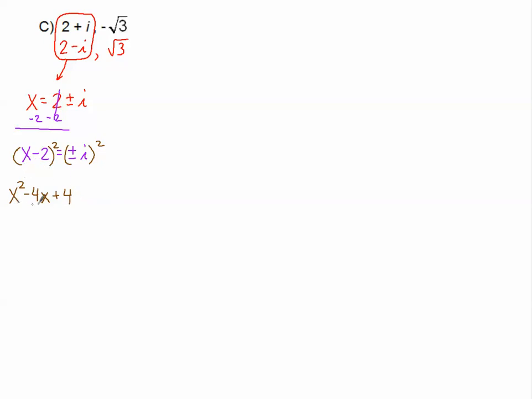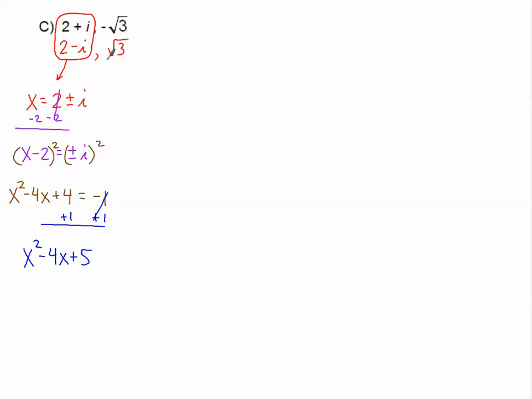If you see the pattern already, that would be great too. i squared is negative 1. Negative i squared is also negative 1. And then one last step, let's add the 1 back in, and I will have x squared minus 4x plus 5. So that's the quadratic that has these two solutions.